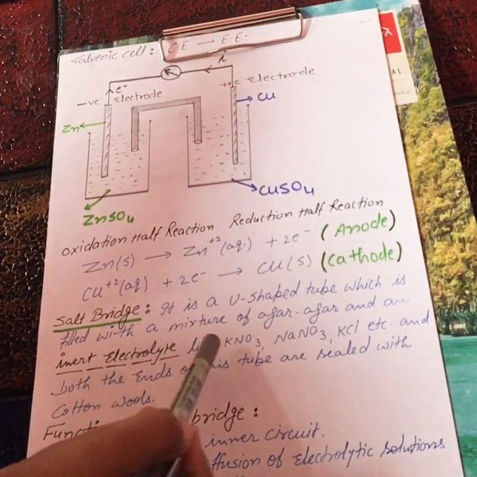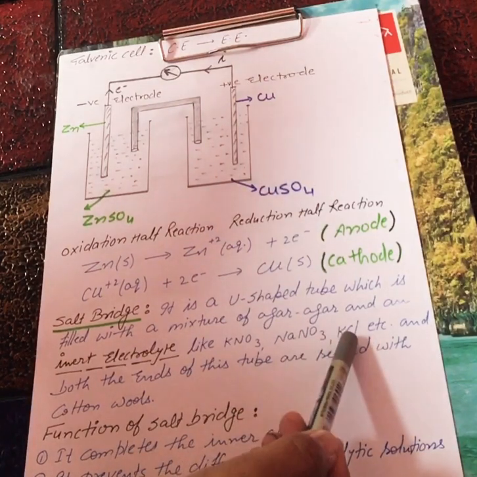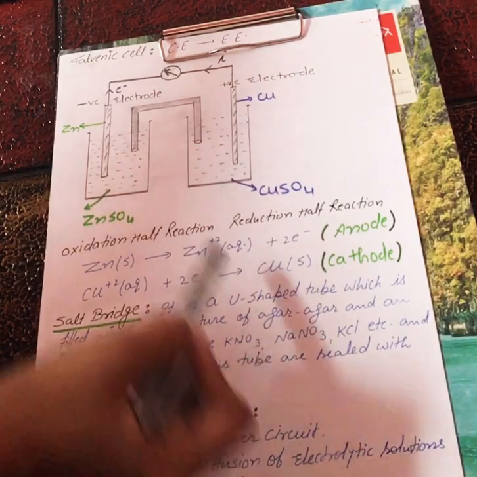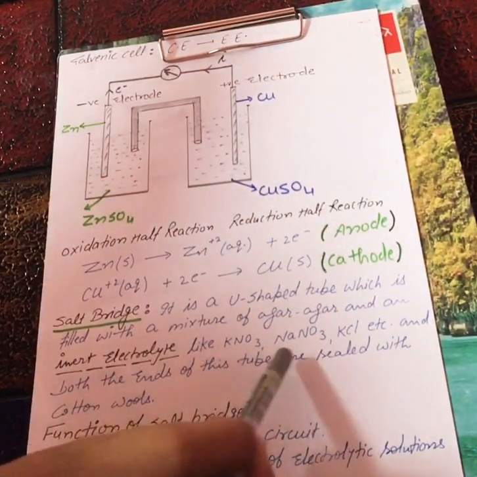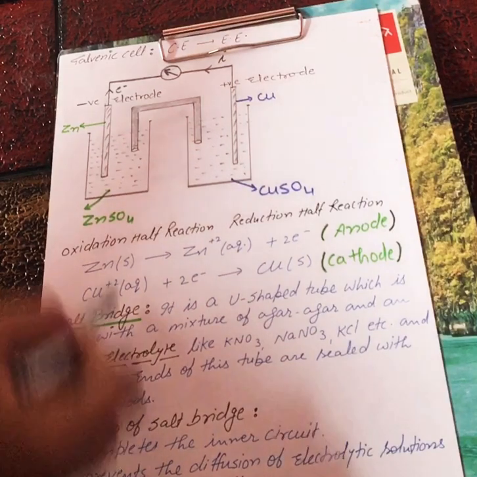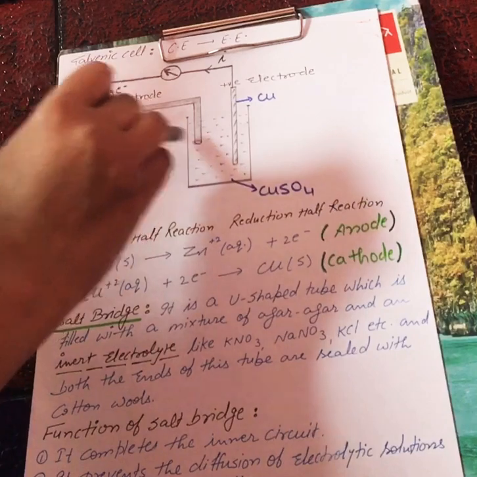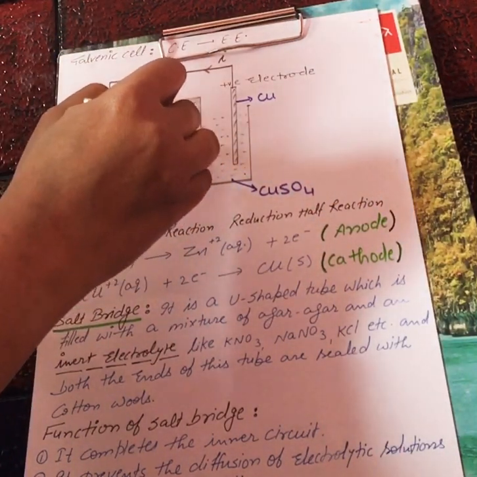The inert electrolyte can be KNO3, NaNO3, KCl, and both ends of this tube are filled with cotton wool, because if you do not insert cotton wool, the ion exchange will not be completed.